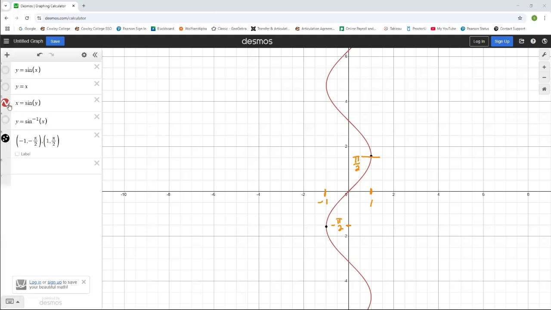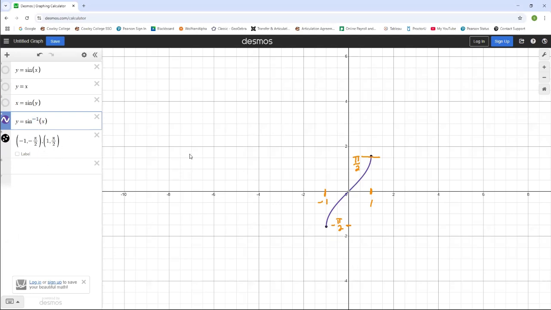Now I'm going to turn off the entire relation, since it is not a function. If we actually want the inverse sine, it'll restrict the domain for us. Okay, so we're going to annotate the inverse sine as y equals sine inverse. So this looks like a to the power of -1. That's just the signal for an inverse function.